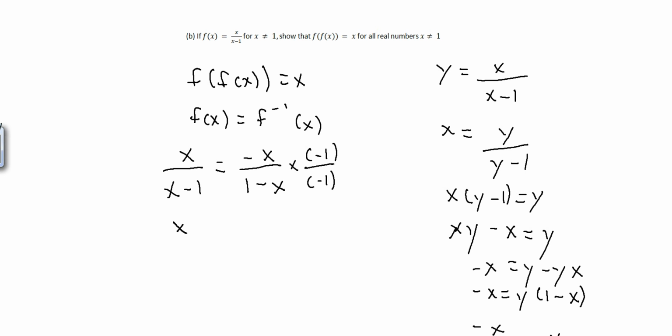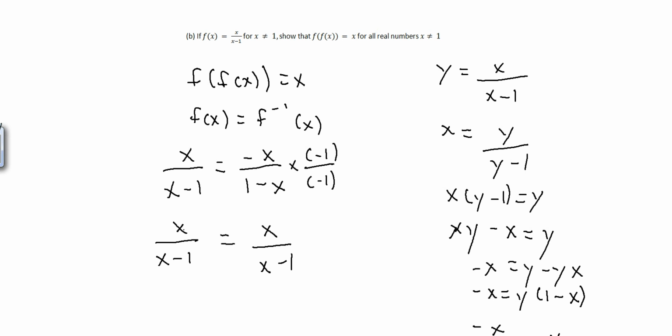So now I get x over x minus 1 equals negative x times negative 1 is x over negative 1 times 1 is negative 1. I'm going to multiply the x first. Negative x times negative 1 is x, and negative 1 times 1 is negative 1.